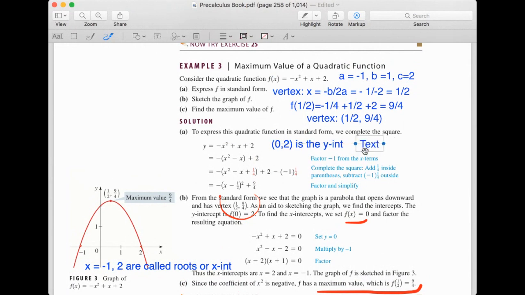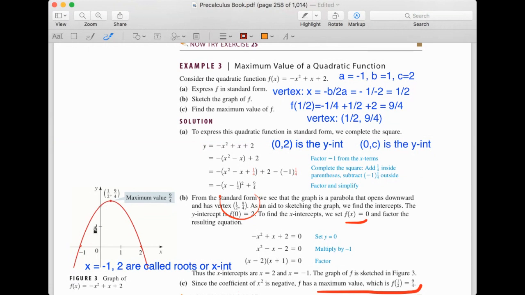You can remember this: 0, comma c. The c value is the y-intercept, because when we plug in 0 for x, the x term disappears. We're only left with a constant term. So c is 2, so we have 0, comma 2. You see this point is our y-intercept.